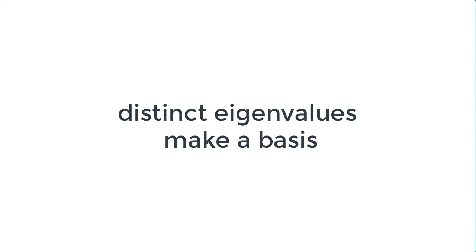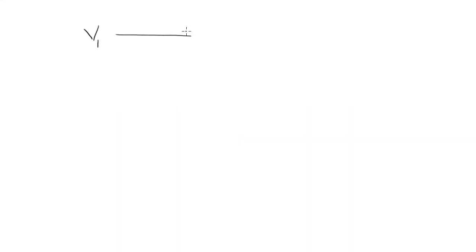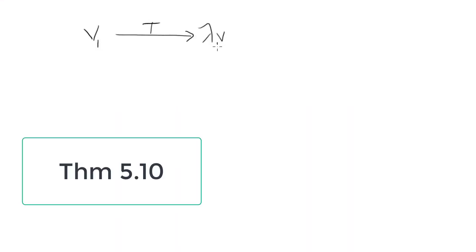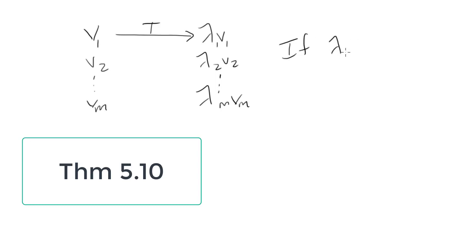On our journey to the best basis, distinct eigenvalues make a basis. This is theorem 5.10 in the book. We have m eigenvectors with m distinct eigenvalues, possibly complex.